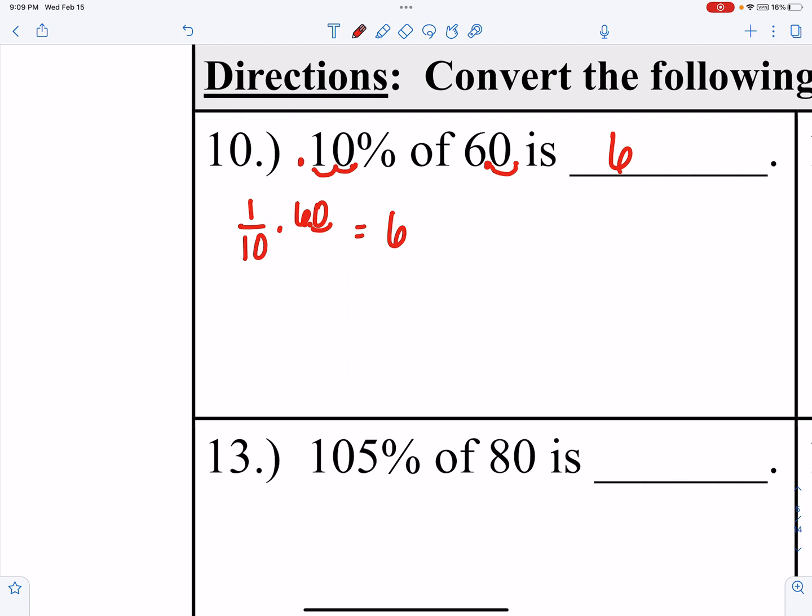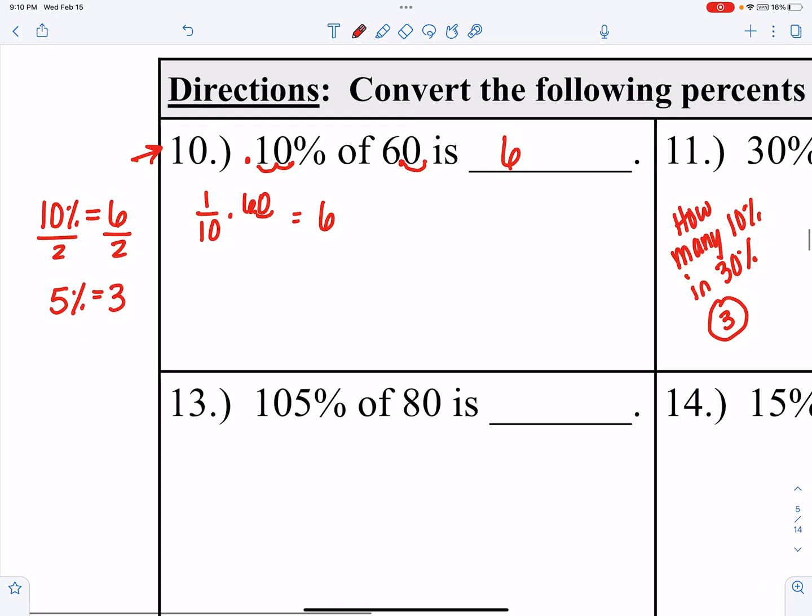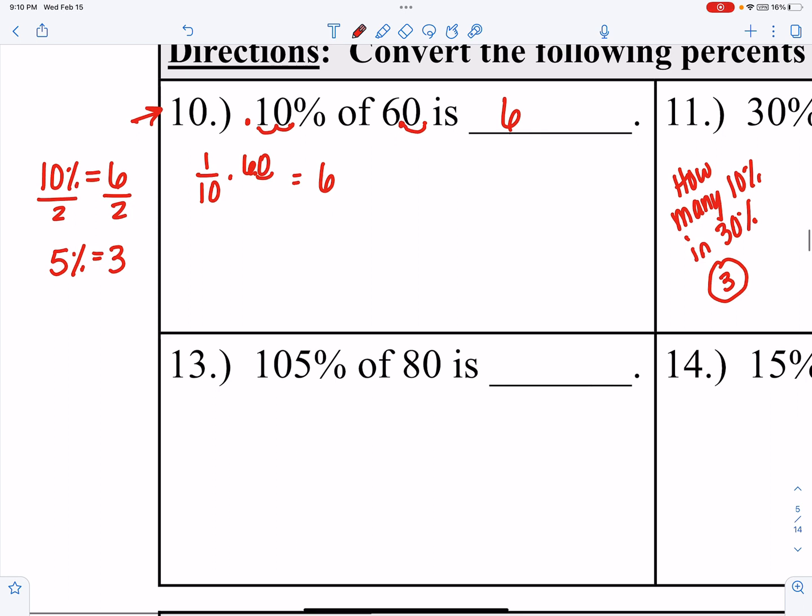If we look at number 10 as an example, we already know that 10% of 60 is 6, so obviously 5% is half of that. So if 10% equals 6, think about just dividing by 2, that means 5% would equal 3. And so this is a nice, easy mental math concept for us to think about.